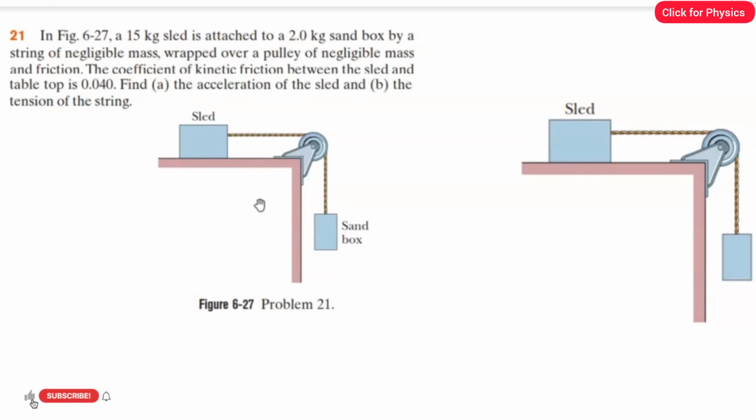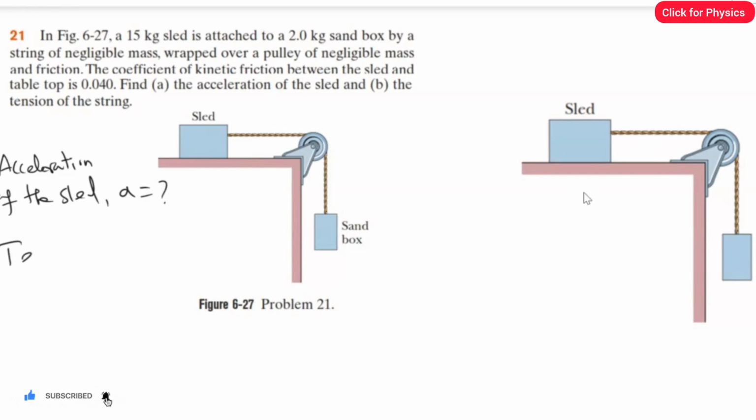And after that, we have to frame the equation, and by using that equation, we have to find the answer for the acceleration of the sled. So in the first part, we are going to find the acceleration of the sled, which is a value. And in the second part, we are going to find the tension of the string, T.